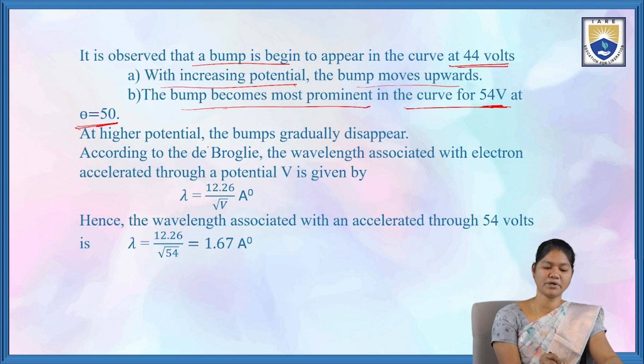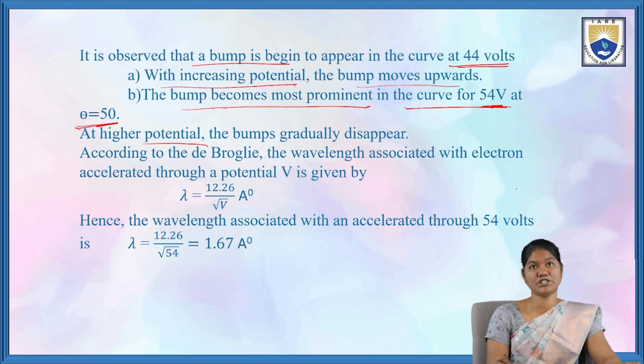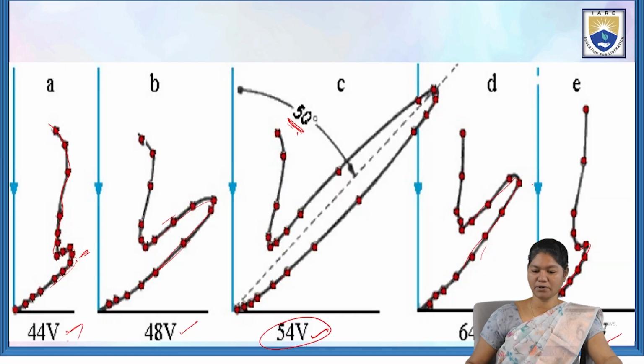At higher potential, the bump gradually disappears. Here the bump started at 44 volts and goes on increasing. At 54 volts it becomes largest, at theta equals 50 degrees of scattering angle.